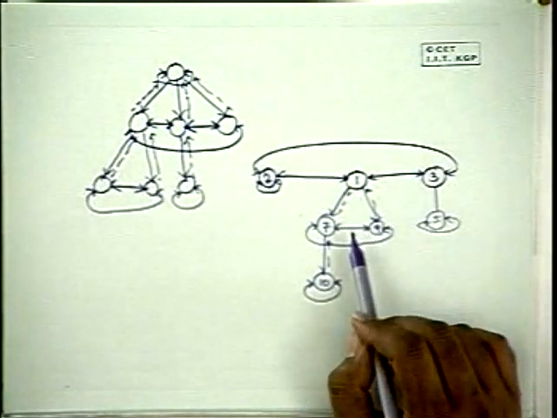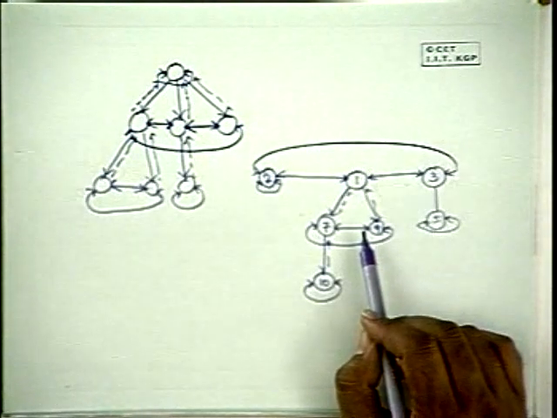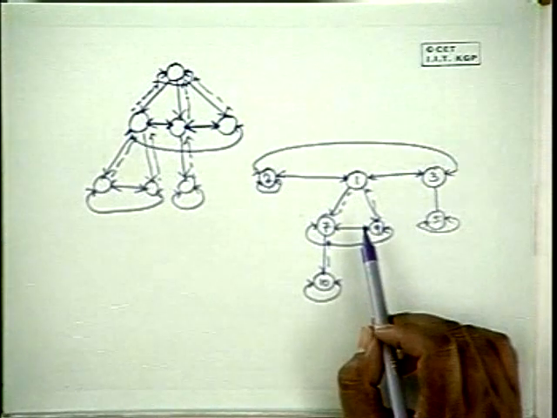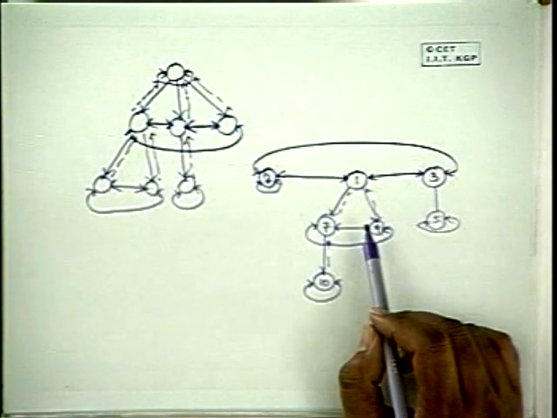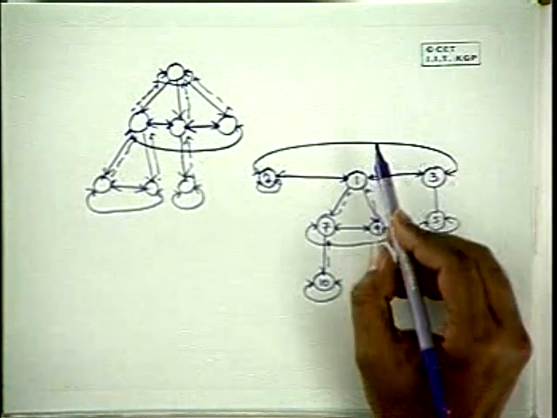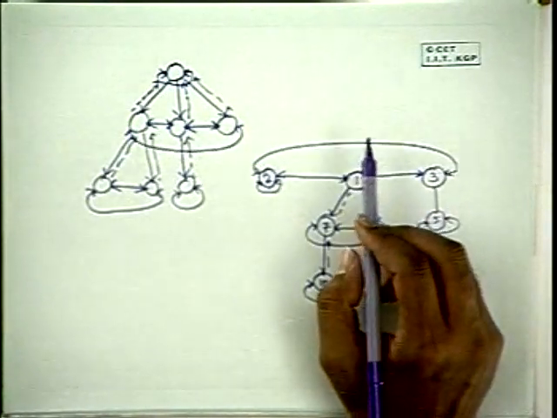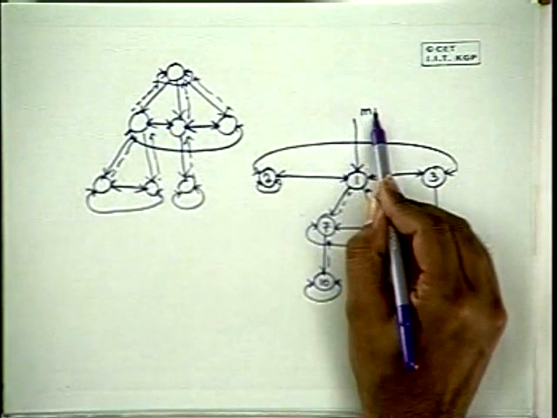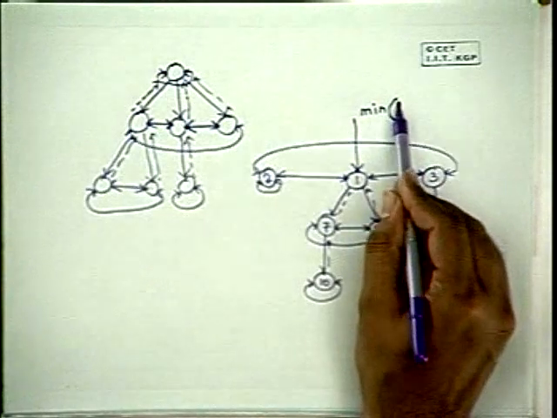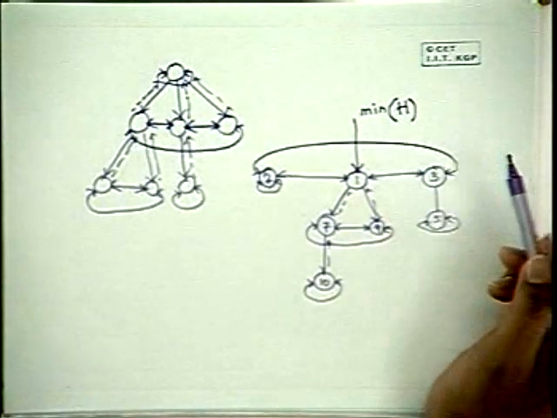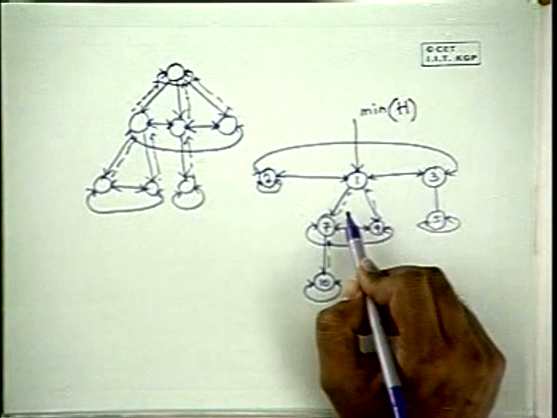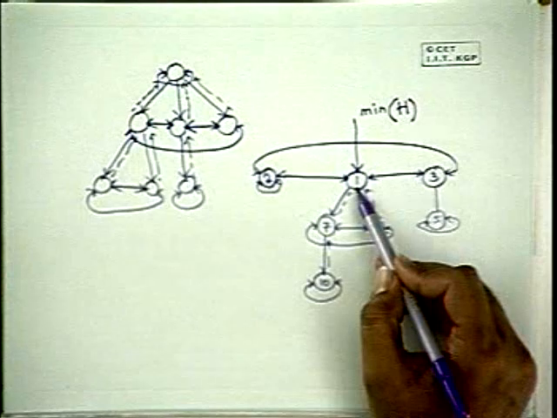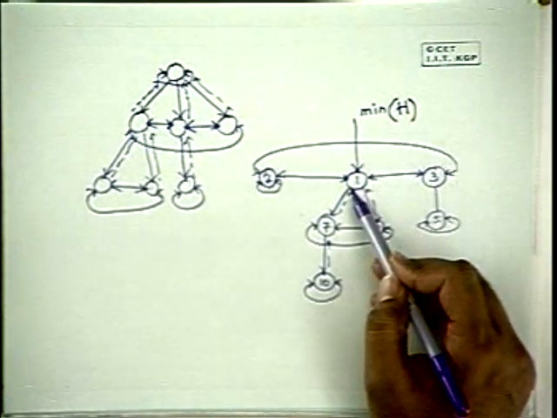So Fibonacci heap is a collection of heap ordered trees where all the roots of the heap ordered trees are linked by a doubly linked list. Not only that, how do we have a pointer to the Fibonacci heap? It is through a pointer which is called min of H. So suppose H is the Fibonacci heap here. Min of H will point to the root which contains the minimum element among all the roots. So between 1, 2, 3, this is the minimum, and there is a pointer min of H pointing towards that.